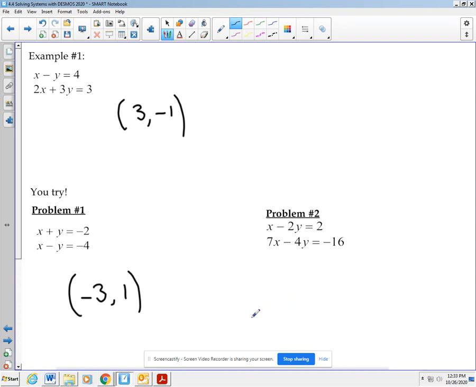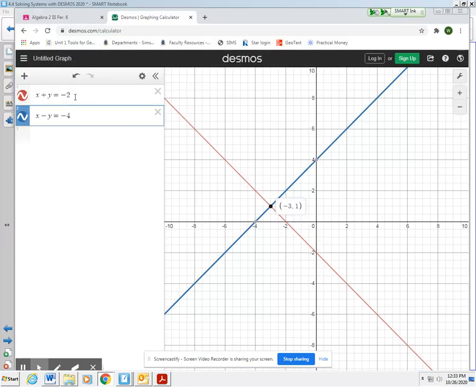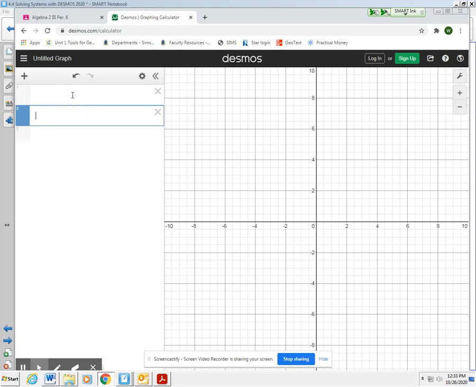Okay, so question number 2, we have x minus 2y equals 2. So I'm going to erase this. x minus 2y is equal to 2.